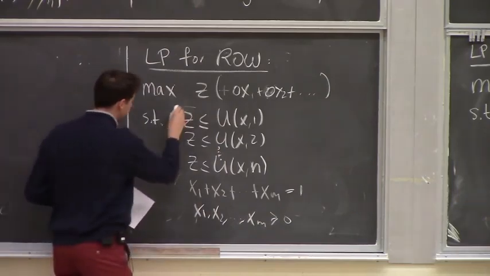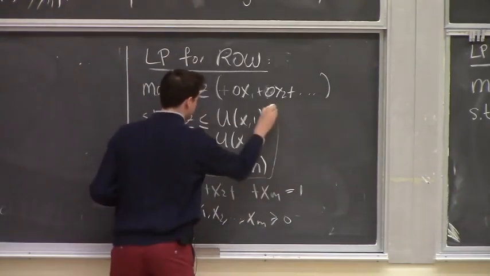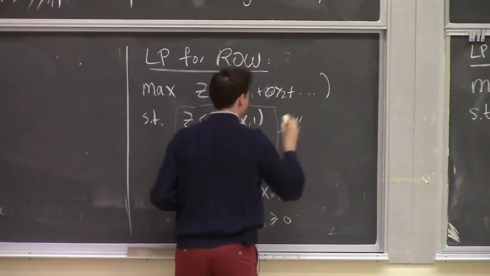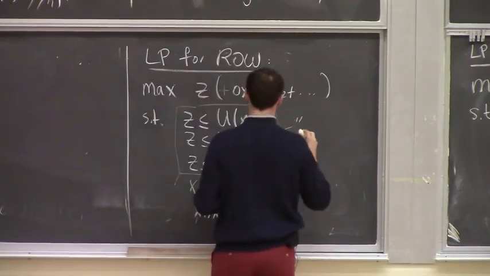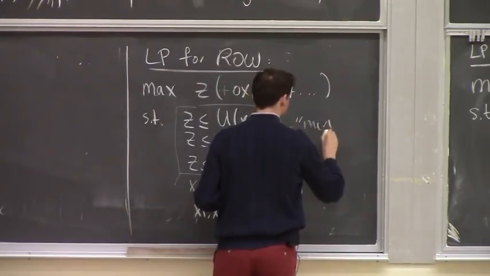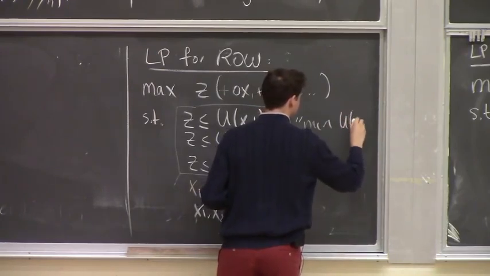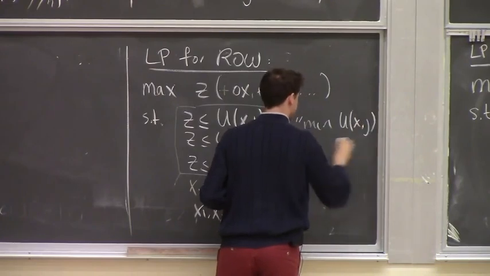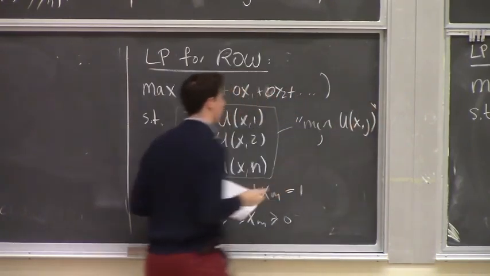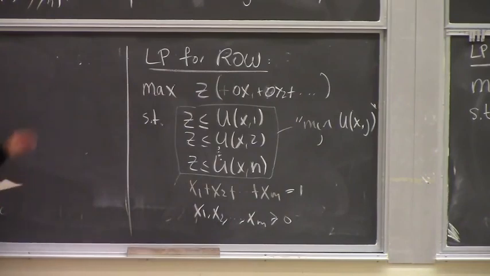Again, this is reasoning about the minimum among u(x, j) over all j. So this is how you would find, in general, by solving this linear program, the value of the optimal strategy. I'm not going to flip all these things.